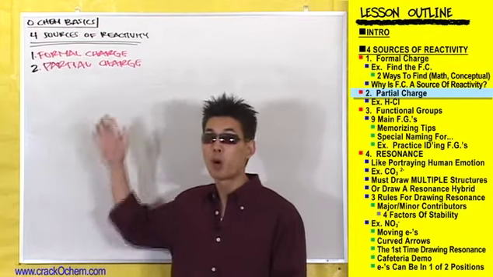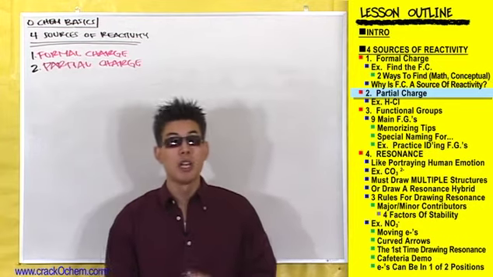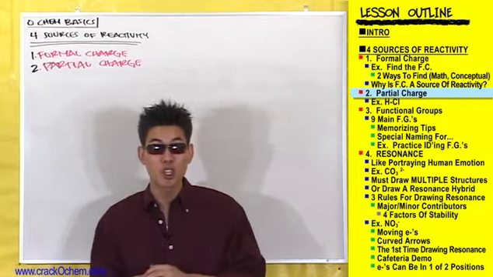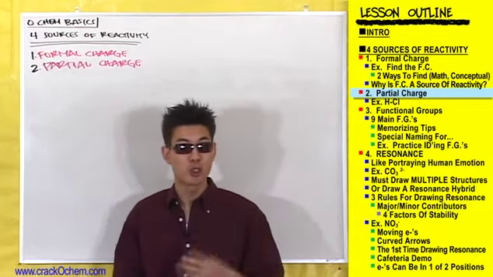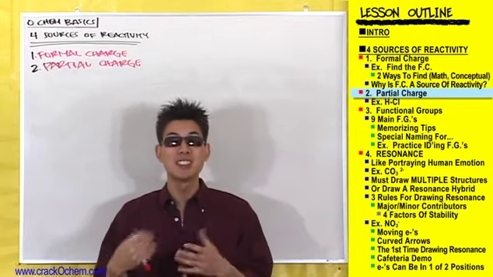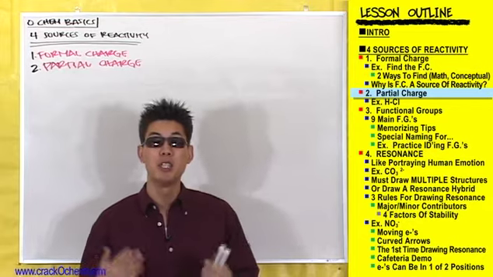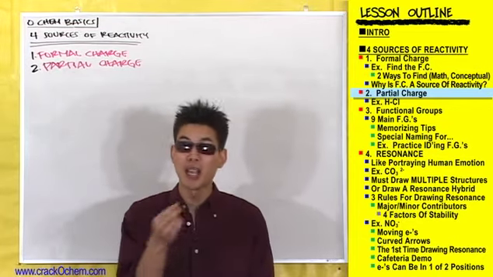Here we're talking about partial negative and partial positive charges. But hey, it's the same concept. Atoms with partial charges on them feel the exact same way as atoms with full charges on them. They want to be neutral too, right? And even though having a partial charge isn't as bad, isn't as unstable as having a full charge, these atoms still want to do whatever they can to become neutral. And so they also make and break bonds to try to cancel out the charge, okay?